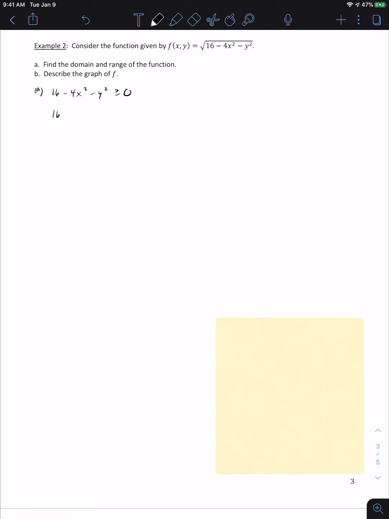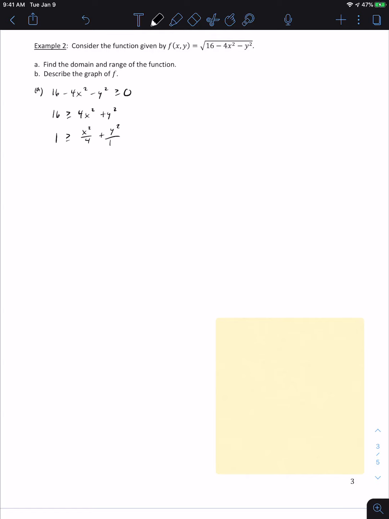So solving this, I would get 16 is greater than or equal to 4x squared plus y squared. And that's not a sphere, we've got to do more work. If I divide by 16, then I'm getting 1 is greater than or equal to x squared over 4 plus y squared over 16.